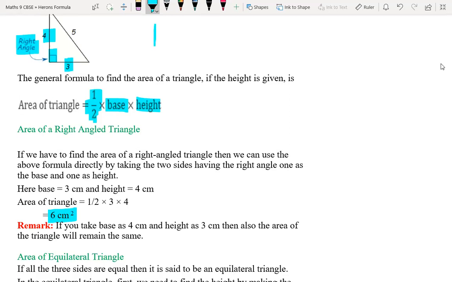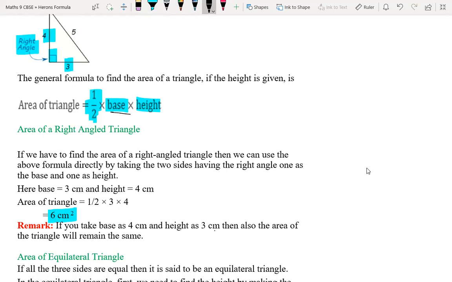You can write half base into height, so half into 3 into 4 is 6 centimeters square. There is one remark over here. If you take base as 4 centimeters and height as 3 centimeters, then also the area remains the same.